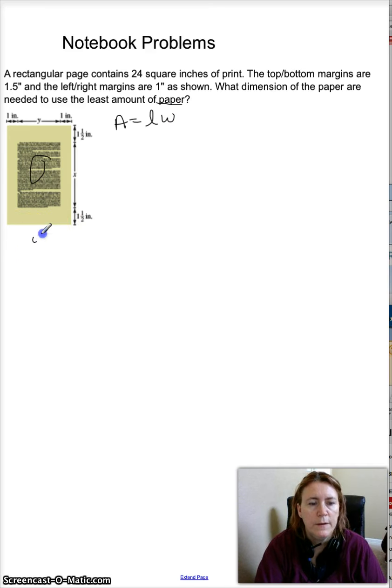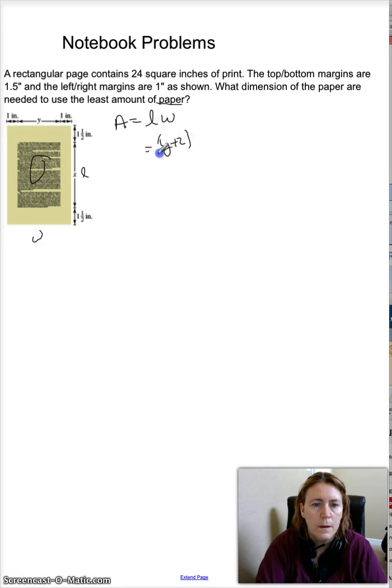I'm going to call this width and this length, I don't know. This right here is y plus 2, because I've got this distance y and that's 2 inches. And then the width here, and now my length is x plus 3.